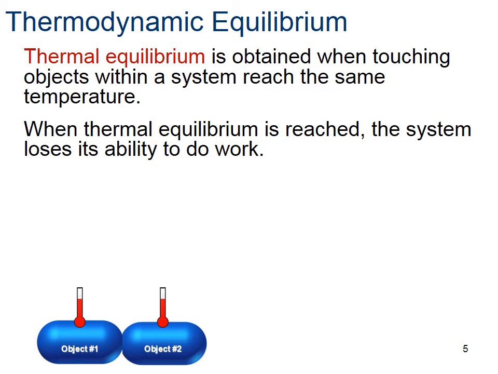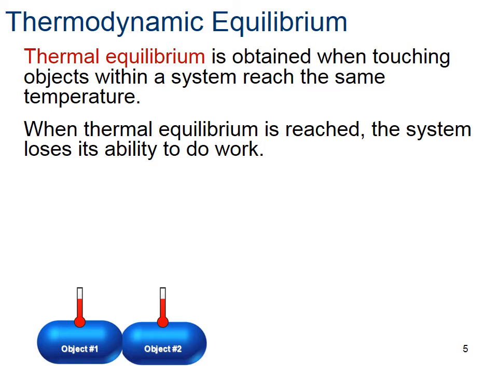So let's take a look at thermal equilibrium. This is something that you would think is common sense, but a lot of people don't really think of it this way. Thermal equilibrium is reached when you have 2 objects that are touching and they come to the same temperature.